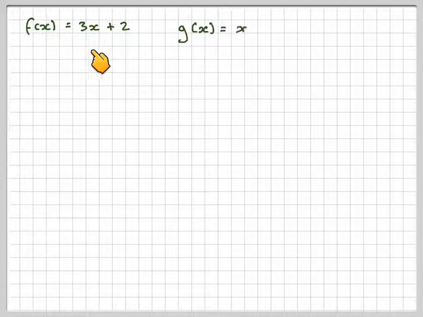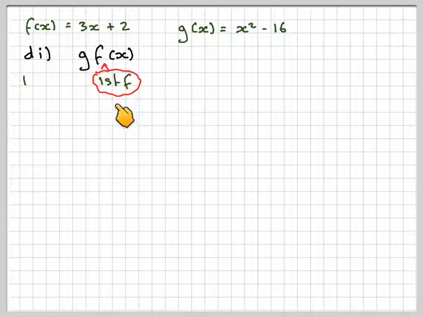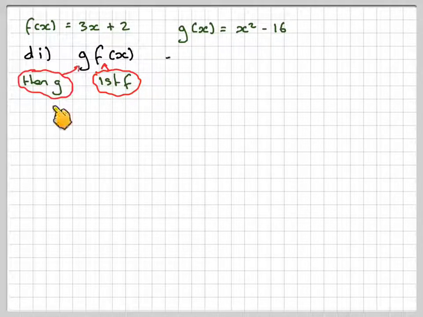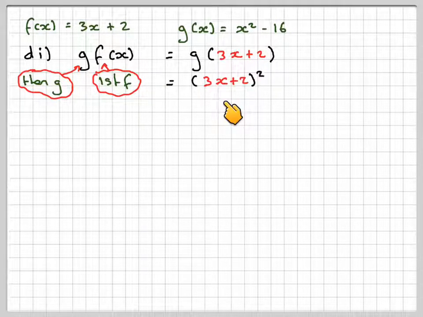We've now got f of x is 3x plus 2 and g of x is x squared minus 16. We're asked to find gf of x. So it means first f, then g. So we need to do g of f, which is g of 3x plus 2. So we now substitute in here, instead of x, we put 3x plus 2. So again in brackets, 3x plus 2 all squared minus 16.